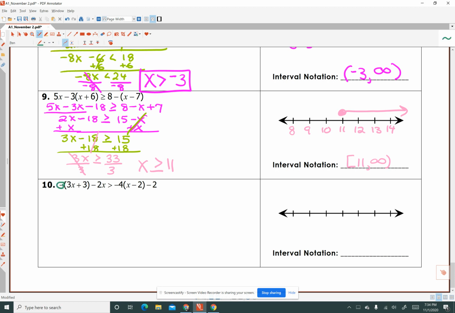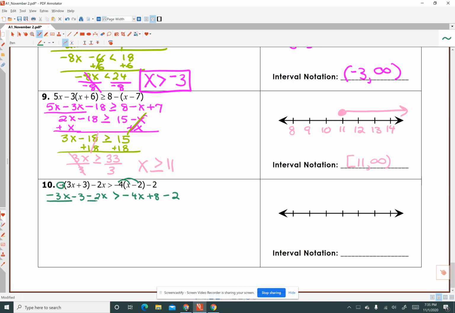So when we have a negative outside a quantity in parentheses, it simply changes the sign of everything within the parenthesis. So that would give us negative 3x minus 3 minus 2x is greater than, now we have to distribute, negative 4x plus 8, negative times a negative is a positive, minus 2.